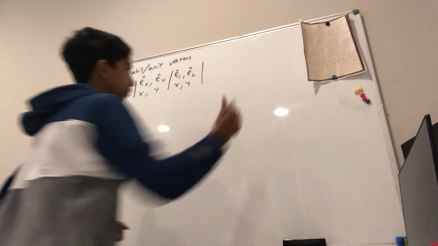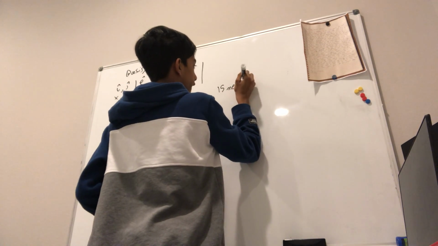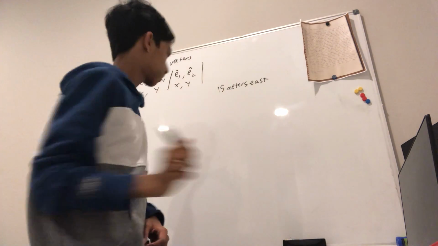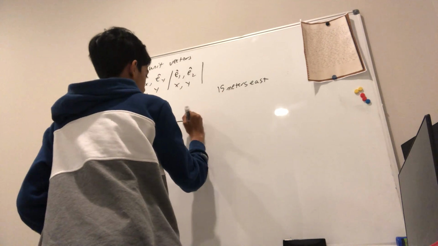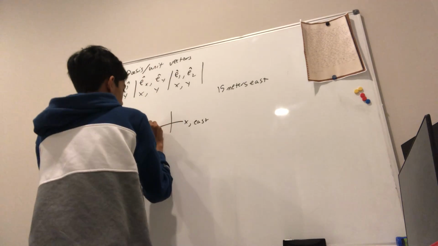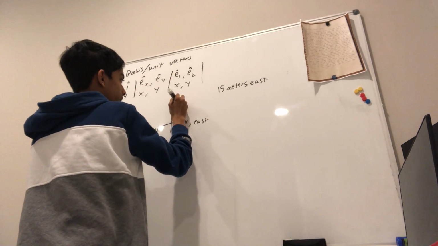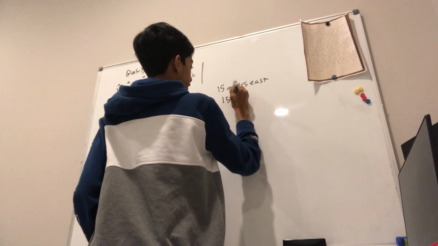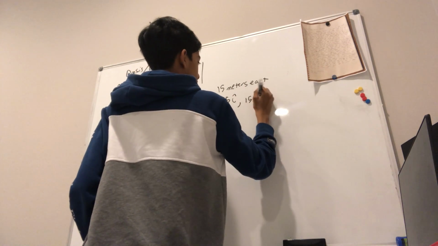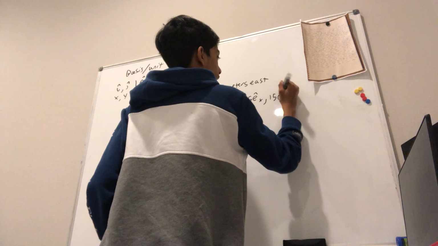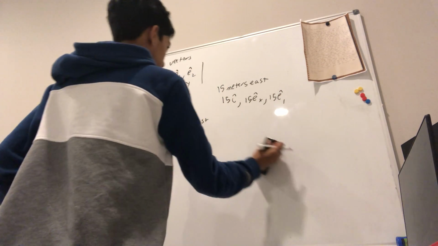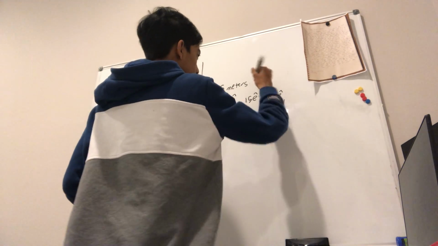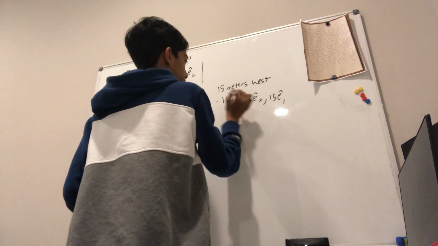So if we were to say 15 meters east again, since east is in the x direction, that would just be 15 i hat, or 15 e hat x, or 15 e hat 1. And if I were to change that to west, those just apply negative signs.